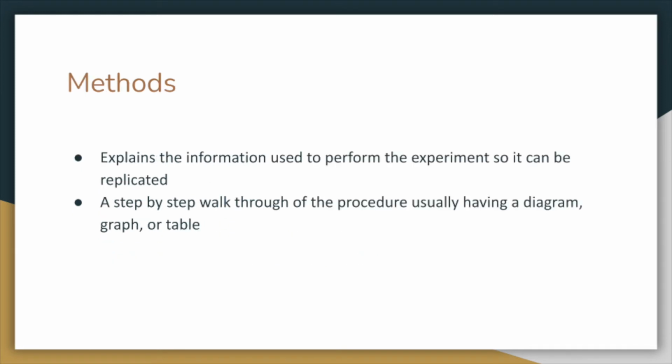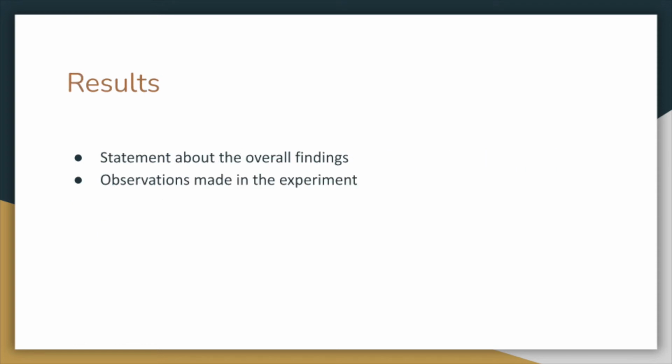The methods section explains the information used to perform the experiment so the reader can replicate it. A step-by-step walkthrough of the procedure usually has a diagram, a graph, or a table. The results section contains a statement about the overall findings and observations made in the experiment.